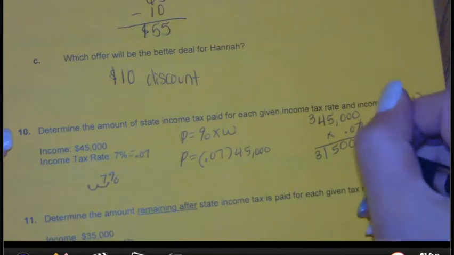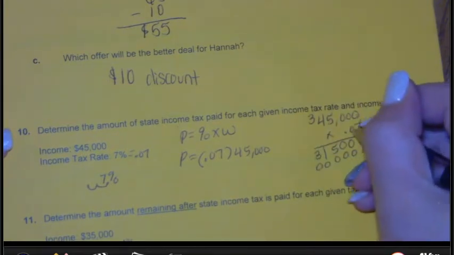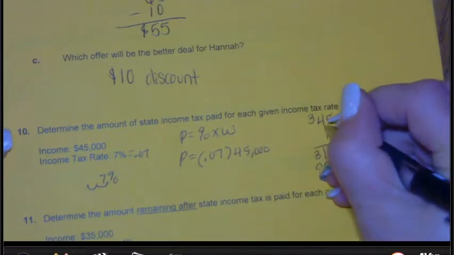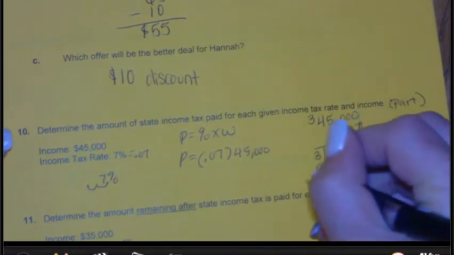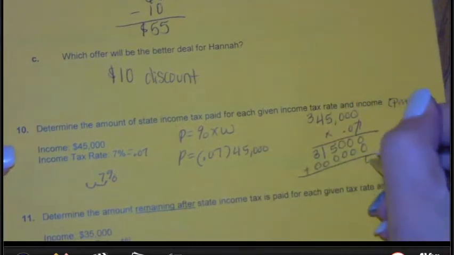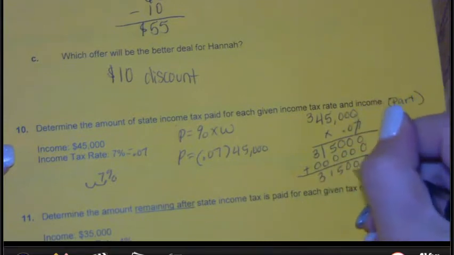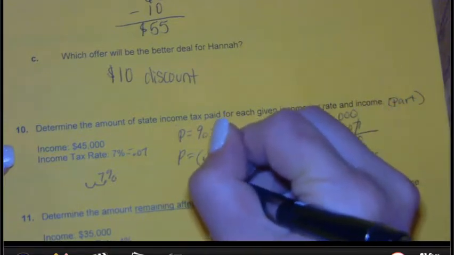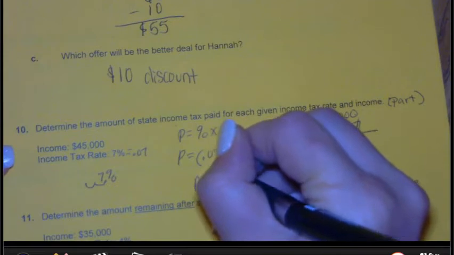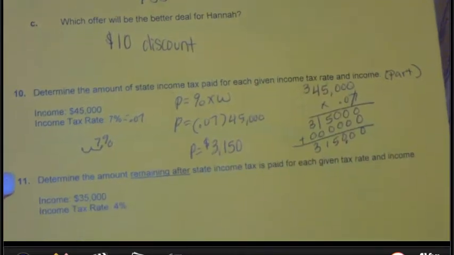Done with the 7, placeholder, bring all of my zeros down. 0 times 0 is 0, so I have 1, 2, 3, 4, 5. So I'm going to add all these numbers up here. 0, 0, 0, 5, 1, 3. I have 2 place values. To get in taxes, I should pay $3,150.